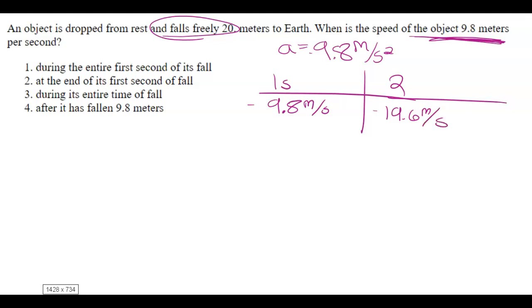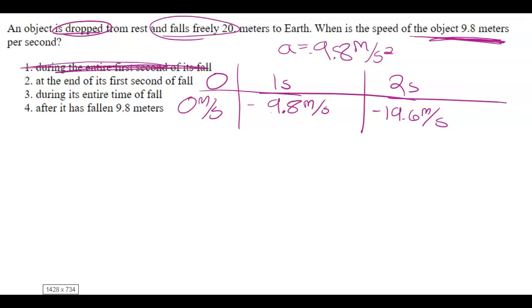But it's important to remember, right, that at 0 seconds, it's moving at 0 meters per second if it's a dropped object, right? So it's got to get over that entire first second, it's got to get from 0 to negative 9.8, right? Halfway through that second, it's going to be halfway in between those two numbers. So it's not during the entire first second of fall, right?